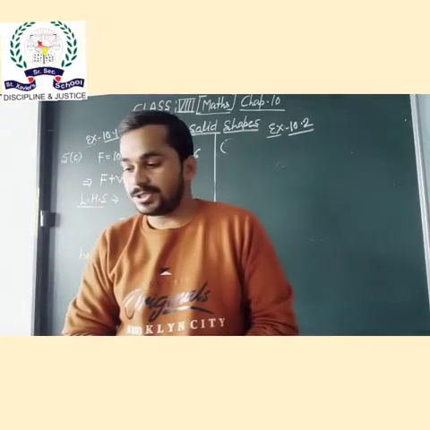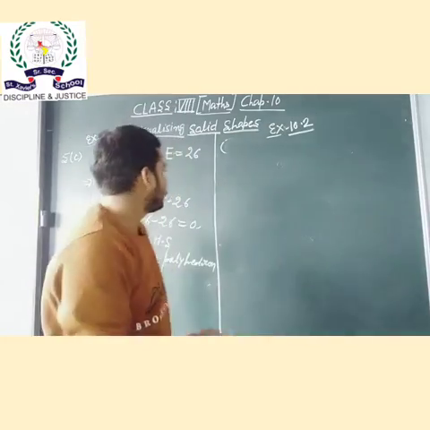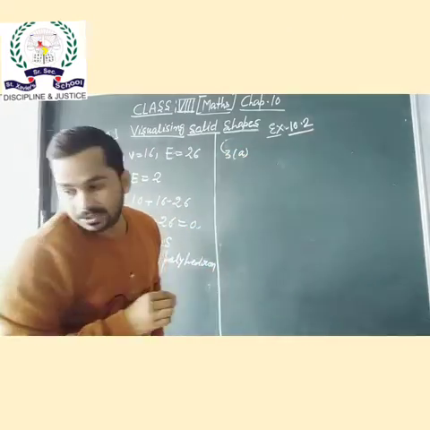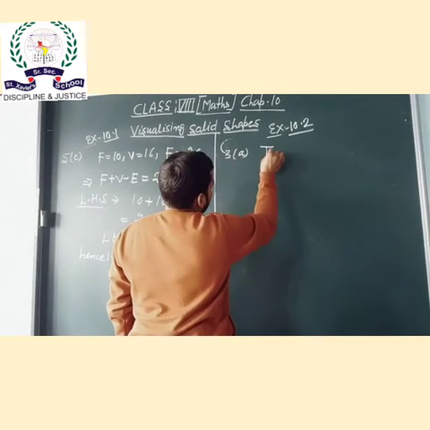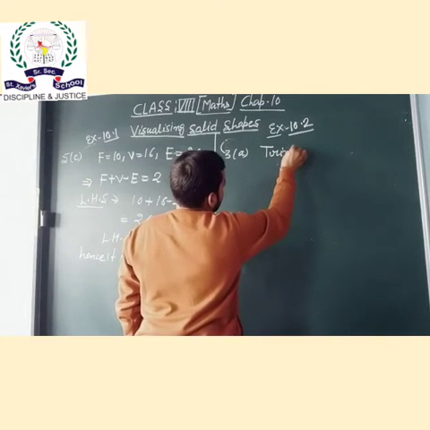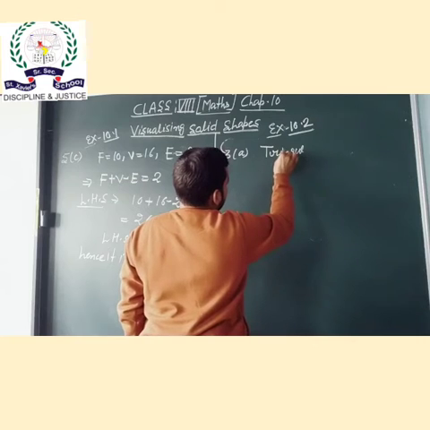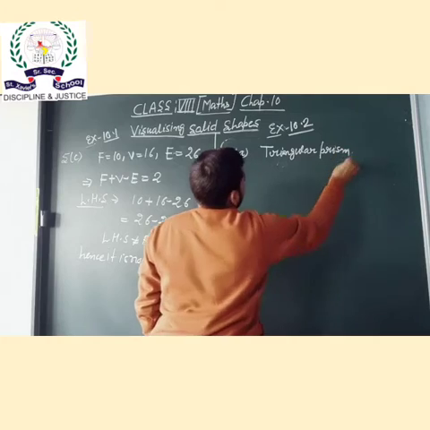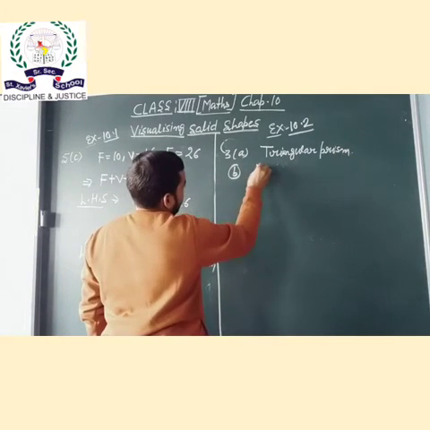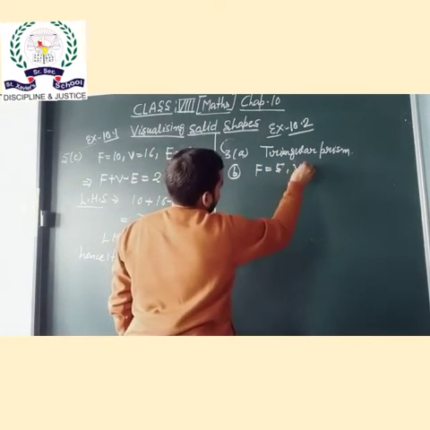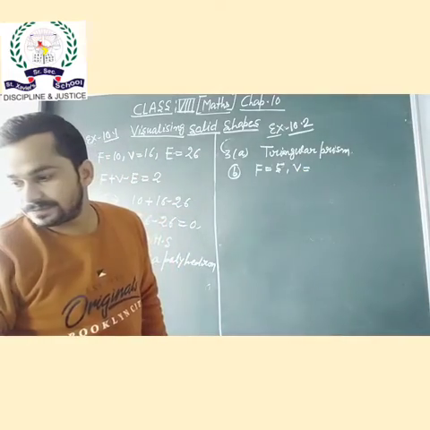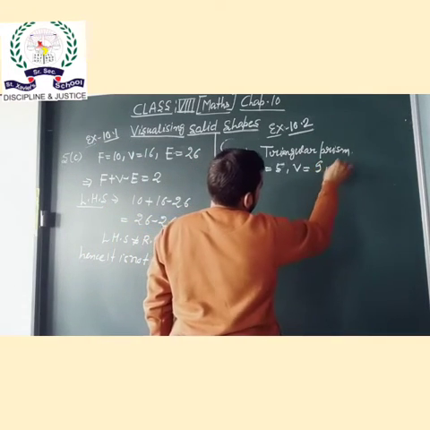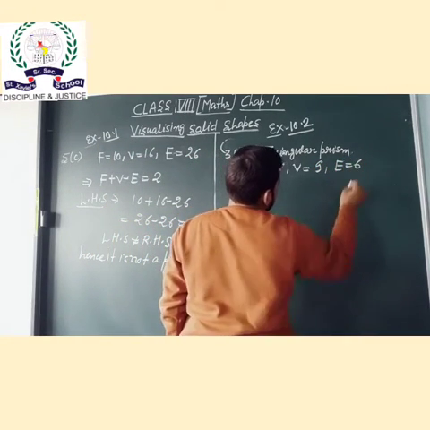Then how many faces, edges and vertices? So the figure is named a triangular prism, and the number of faces is equal to 5, the number of vertices equals 6, and the number of edges equals 9.